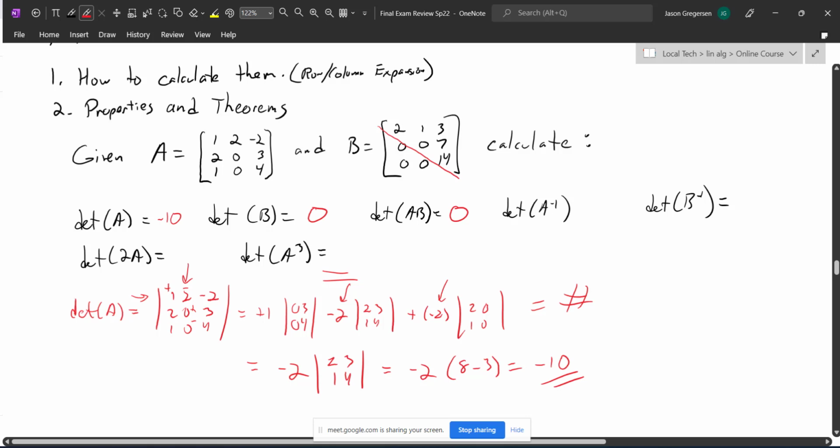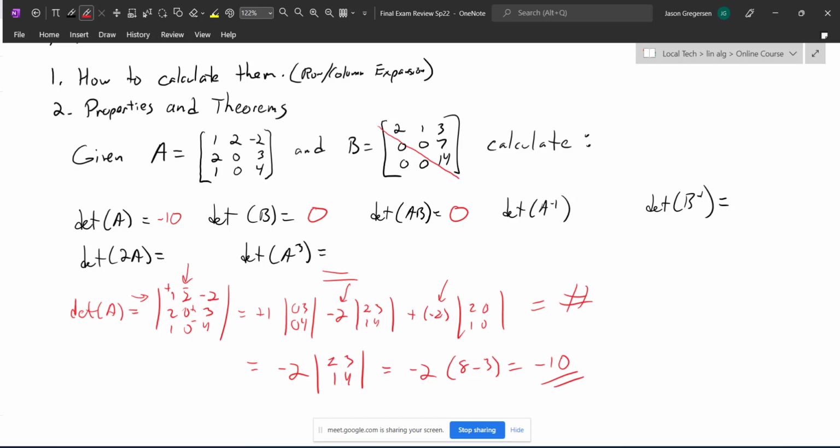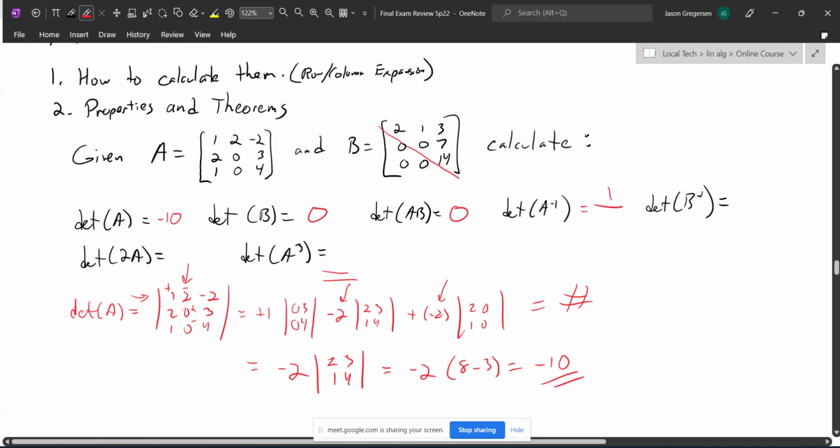Next, we have the determinant of A inverse. Our property here is the determinant of A inverse is equal to 1 over the determinant of A. Now, if we apply that to the determinant of B inverse, in that case, we would get 1 over 0. And we can't do that calculation, right? Only Chuck Norris can. So that's a big NA here.